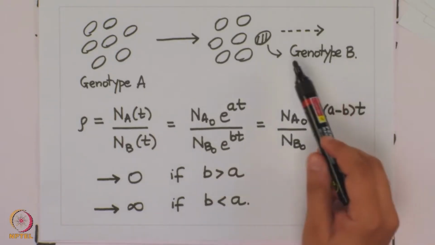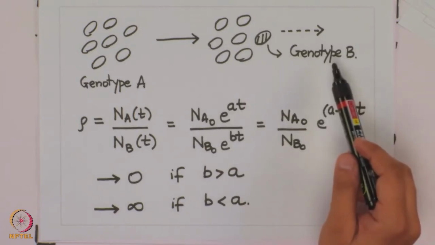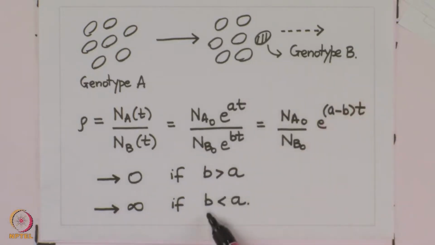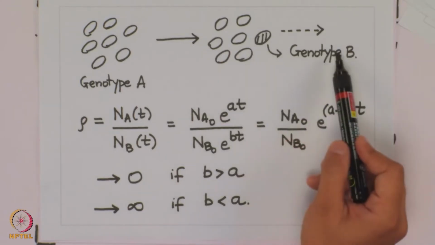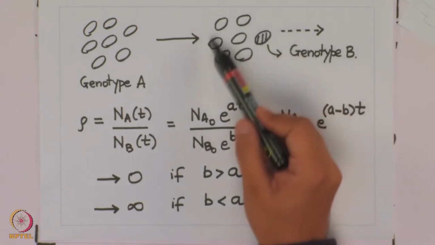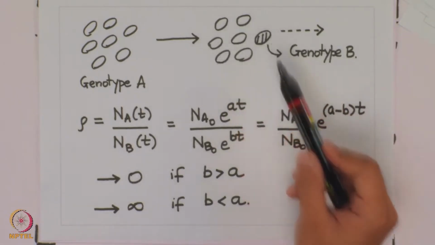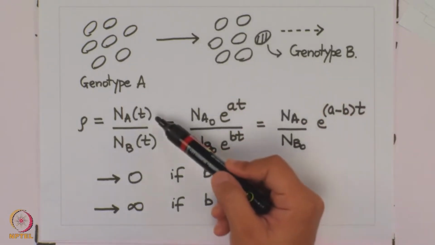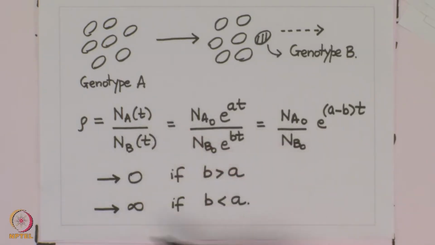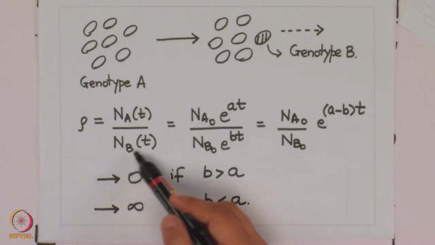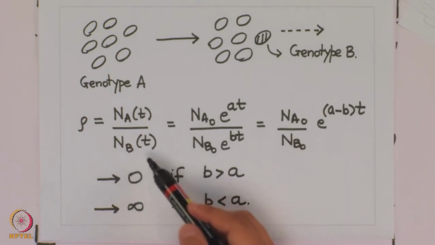On the other hand, if the individual that arose via mutation is growing at growth rate B, which is smaller than that of the original genotype, then that individual is going to be eliminated via competition, and you will have the entire population of genotype A, and hence the ratio of individuals of type A divided by type B will move towards infinity, because the denominator is being eliminated and is moving towards 0.